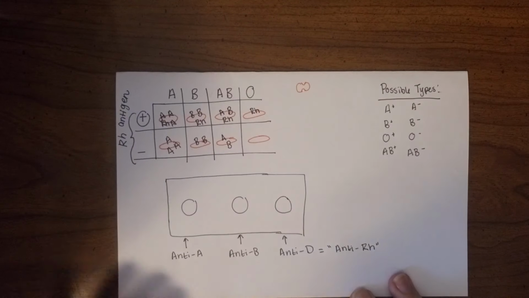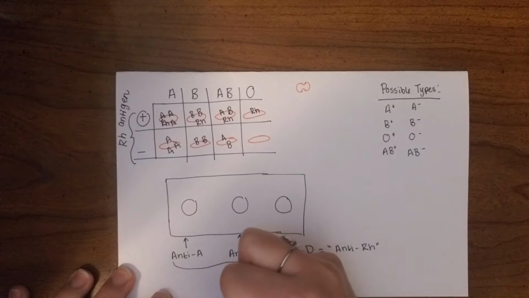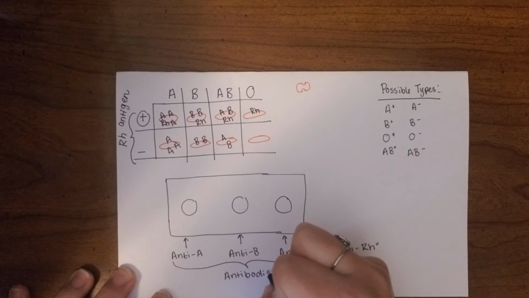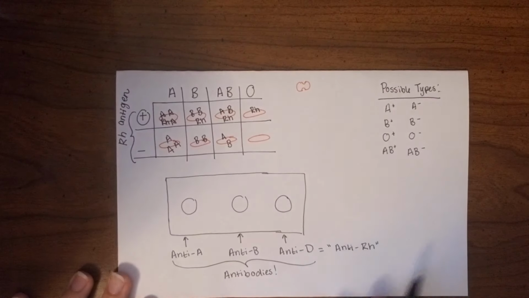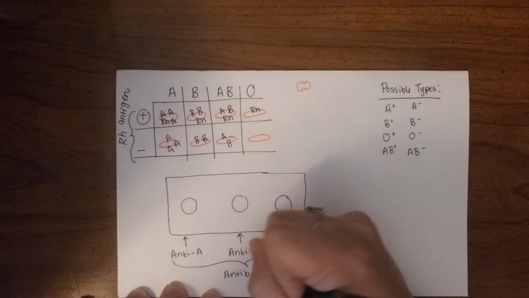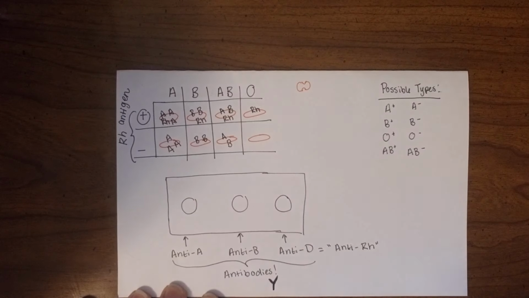Okay, so what these really are, these are antibodies. Okay, so when you think about those three serums that we had, right? You had a blue serum, a yellow serum, and a clear serum. Those were antibodies. Okay, so they are little tiny proteins that we are putting onto the wells.